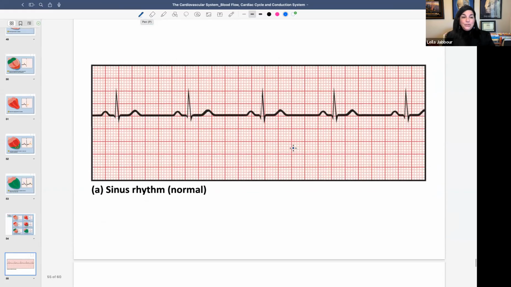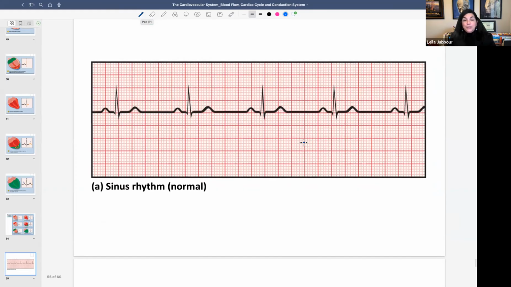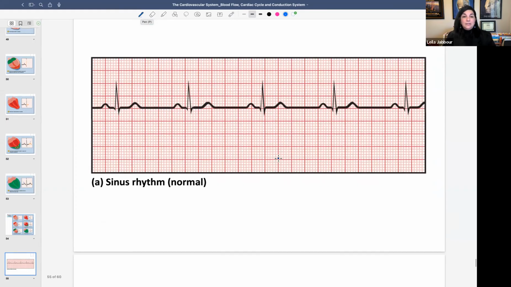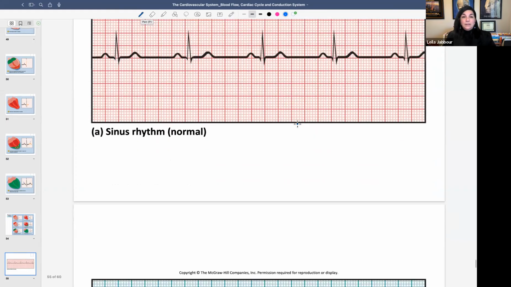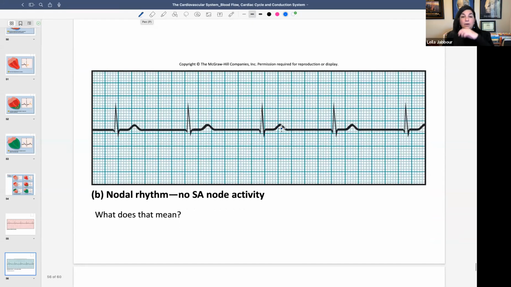Okay, so I included a few EKGs and what they look like, and I want you to think a little bit about all of that. This is a normal one, and this one has no SA node activity.